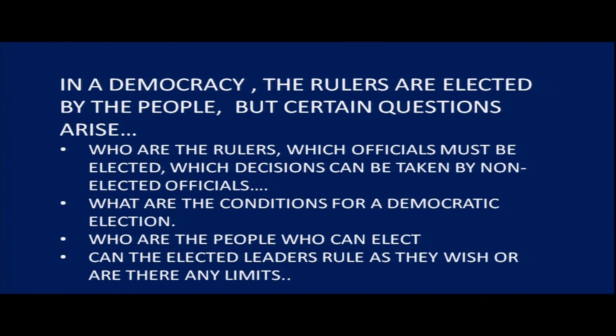Third, who are the people who can elect? And fourthly, can the elected leaders rule as they wish, or are there any limits set on their rules? These are certain questions that come to our mind, the answers of which we will gather as we move ahead with this chapter.